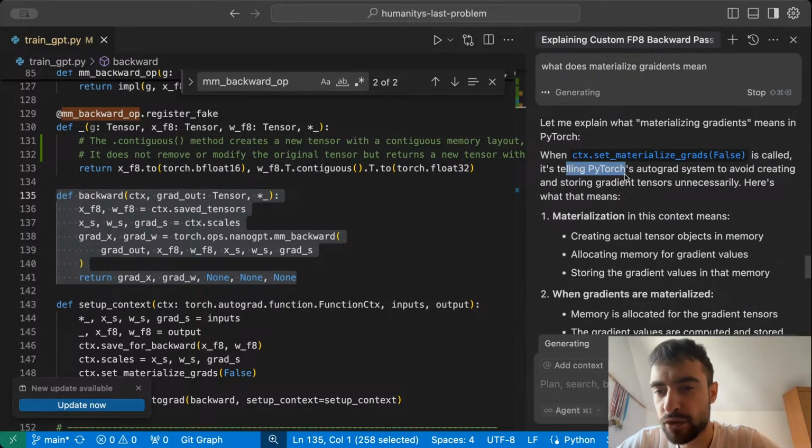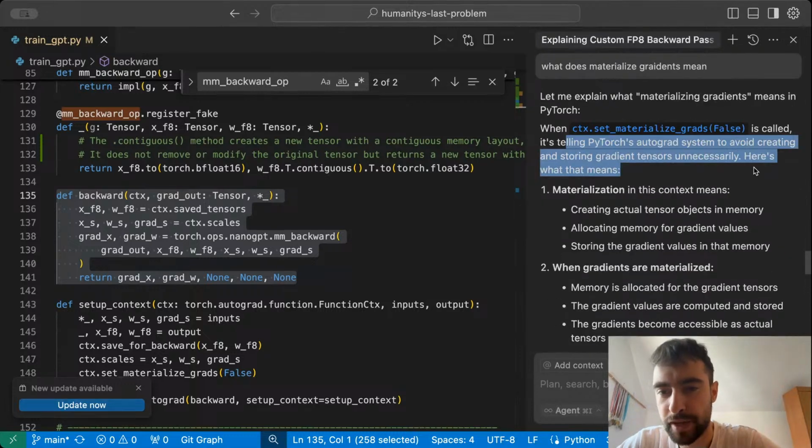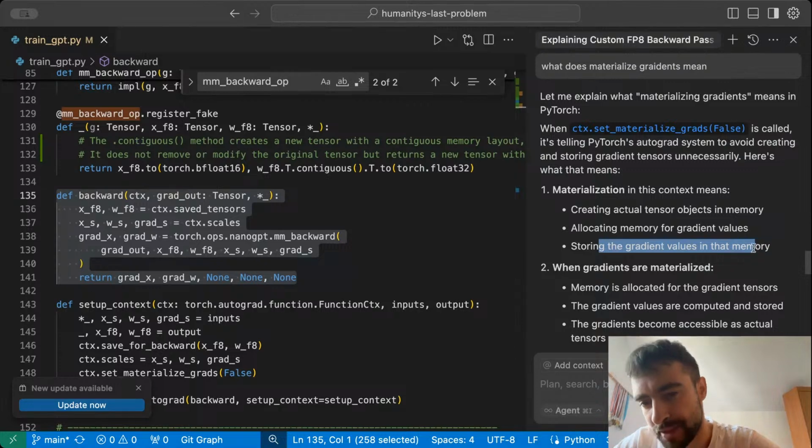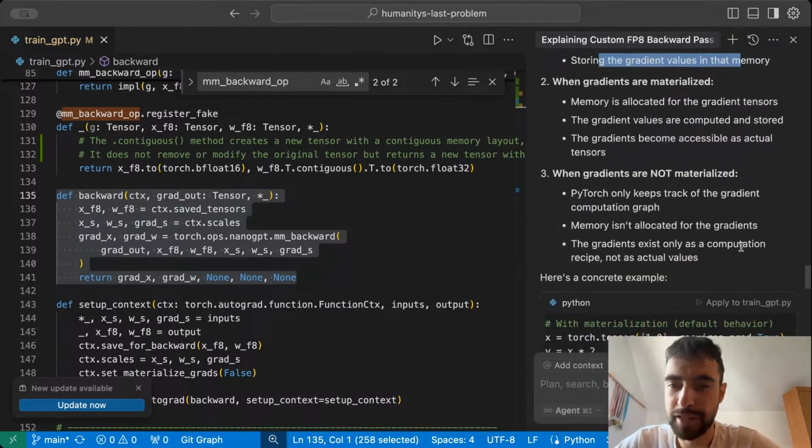It's telling PyTorch AutoGrad system to avoid creating and storing gradient tensors unnecessarily. Here's what that means. Materialization in this context means creating actual tensor objects in memory, allocating memory for gradient values, storing the gradient values in that memory. So just creating the tensor.